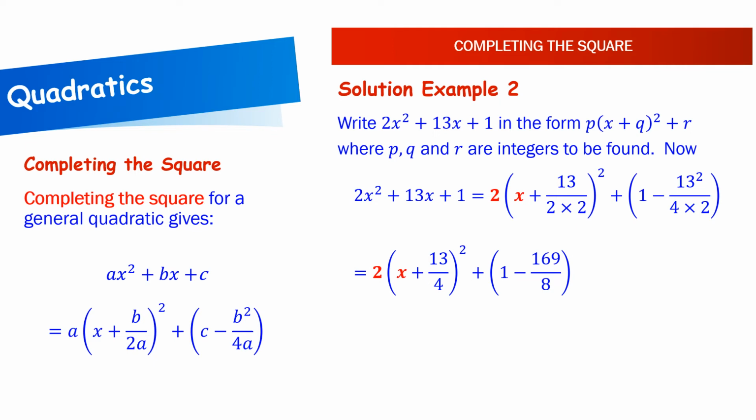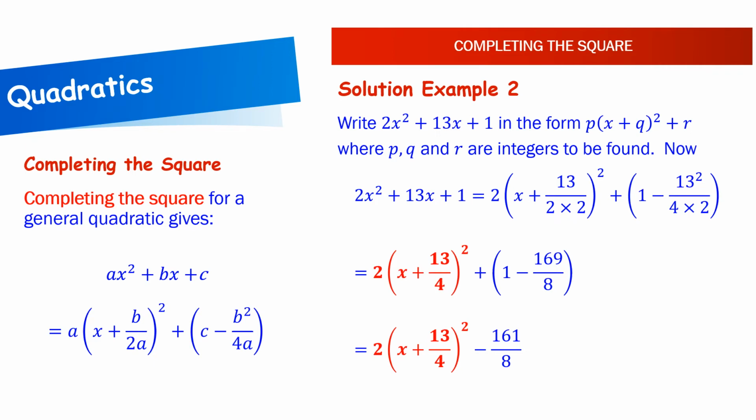So tidying up, we have 13 over 4 here, and we have 1 minus 169 over 8 here. And then tidying up some more, we leave this expression as it is, and this expression simplifies to minus 161 over 8. And so we've completed the square.